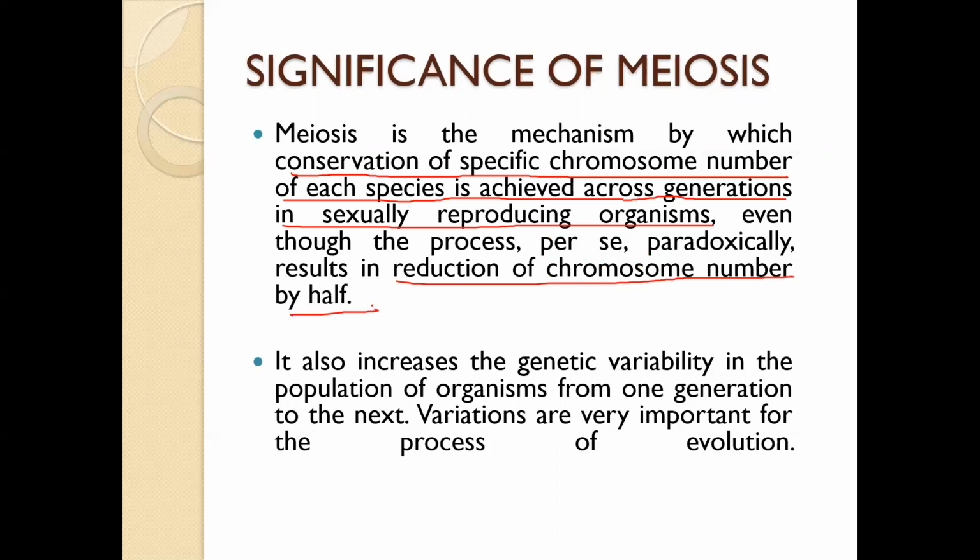We need to reduce the chromosome number. If we are not able to reduce it and a gamete is produced with 2n chromosomes, then the association of two gametes with chromosome number 2n will produce an organism having chromosome number 4n.